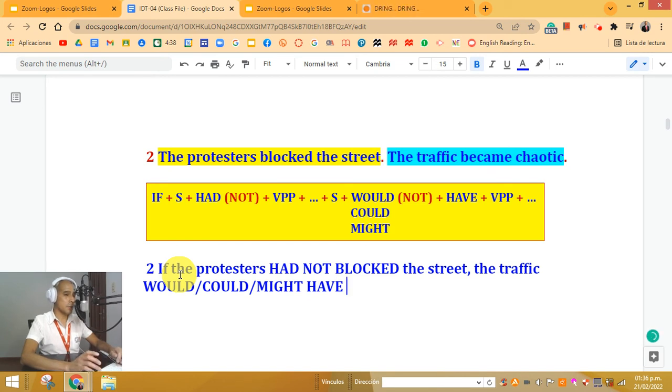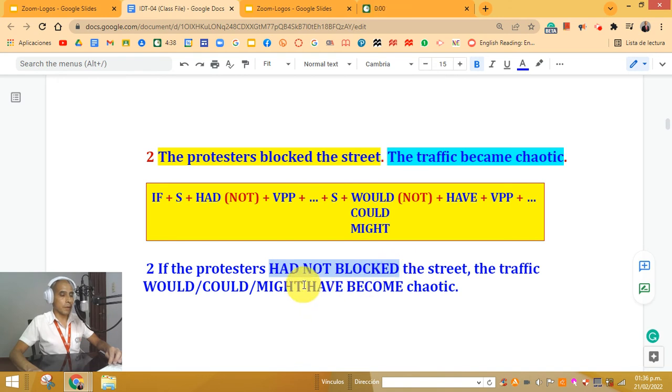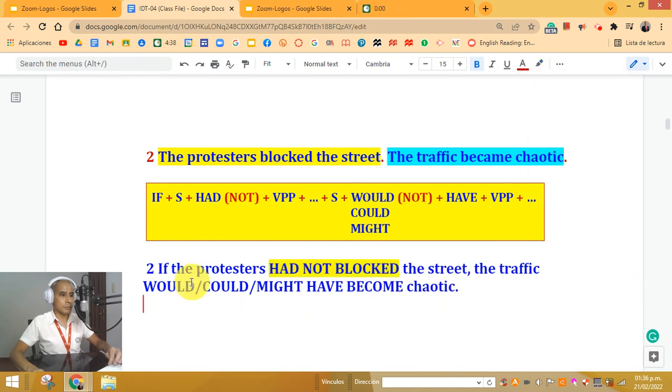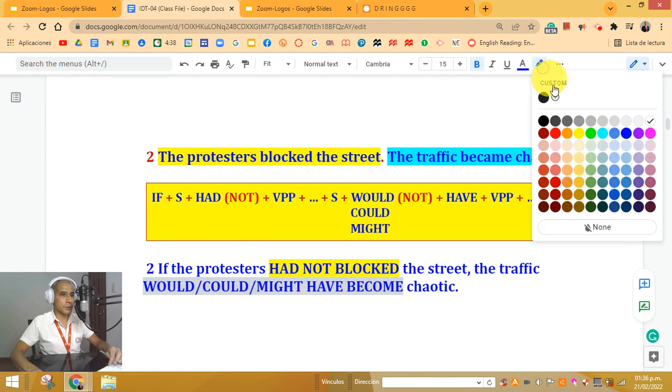In this case, the past participle of became is become. So become chaotic. There you have the second example. I'm going to highlight the keywords of the if clause with yellow, and the keywords of the result clause with light blue, as you can see.